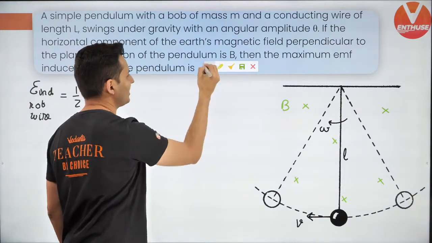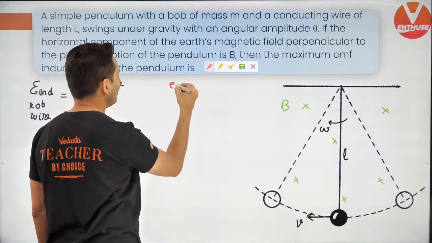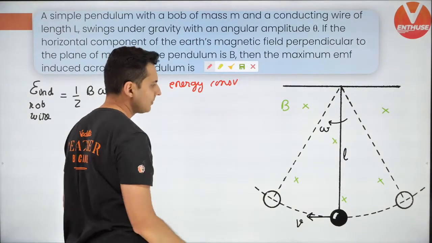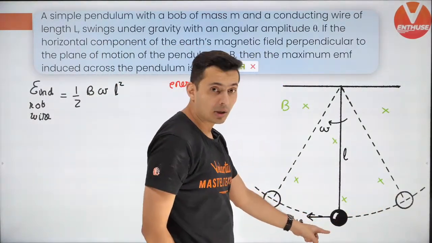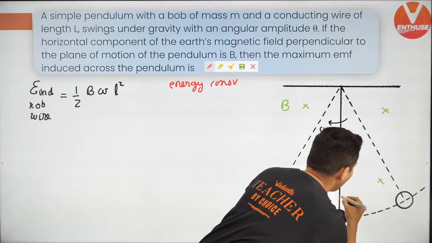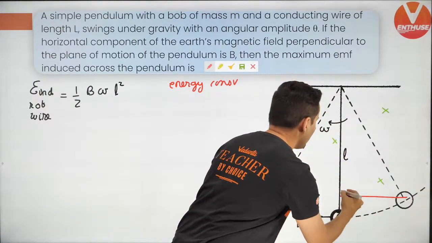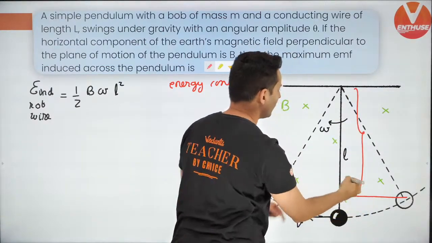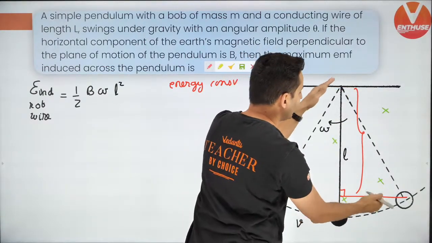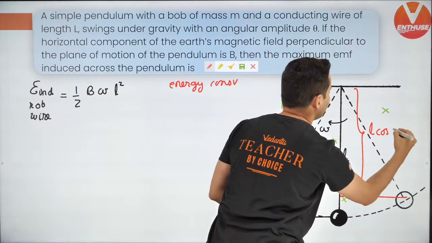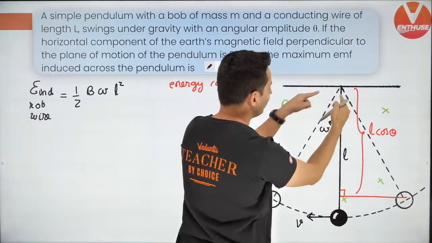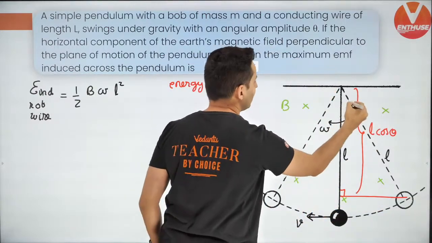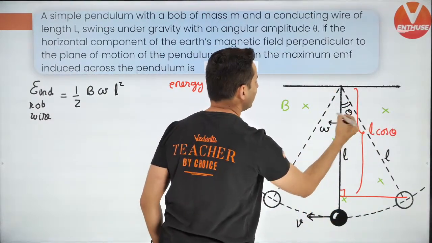Well, energy conservation. What is energy conservation for then? So, conserve energy. The bob comes from here to here. If you drop a perpendicular like this over here, you can easily guess that this much length will be L cos theta, because do not forget, even the dotted line is L. So L cos theta, if this angle over here is theta.